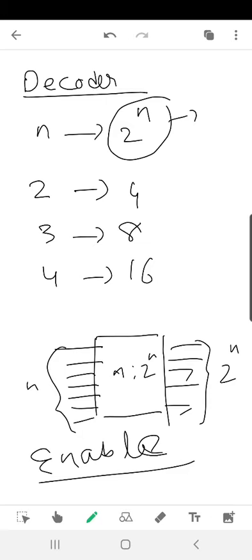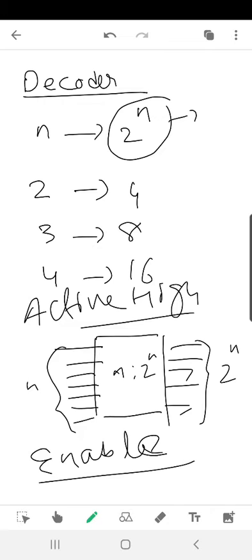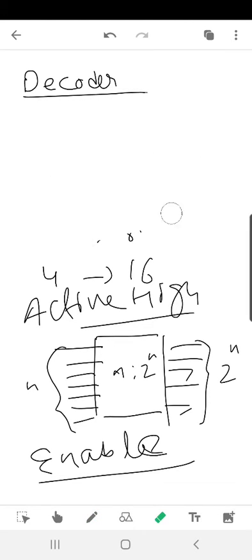Okay, we have two types of decoder. We have active high decoder and we have active low decoder.